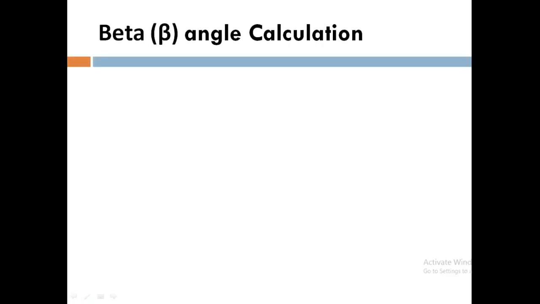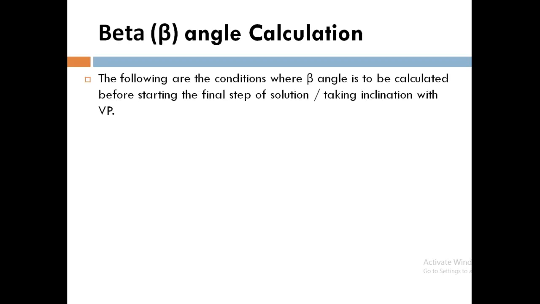First of all, let us see the conditions when we need to calculate the beta angle before starting the final step of the solution, or before taking the inclination with respect to VP.